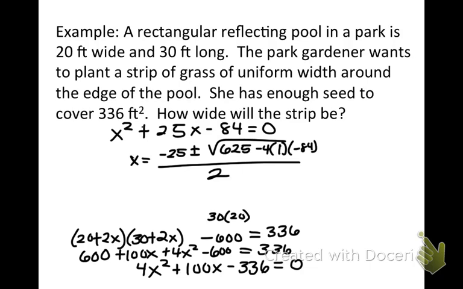Square root that gets us 31. So we get negative 25 plus or minus 31 over 2. So we get negative 25 minus 31 divided by 2, gives us negative 28. Negative 25 plus 31 divided by 2 gets us 3. So which one's going to be the right answer? 3. So how wide is the strip? 3 feet. Good. All right.